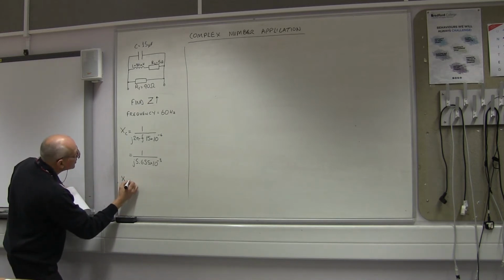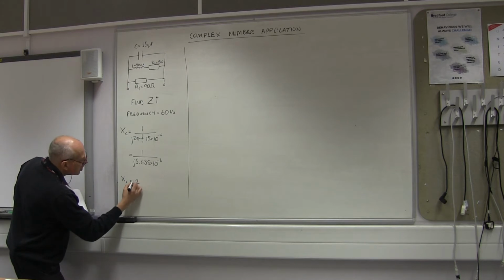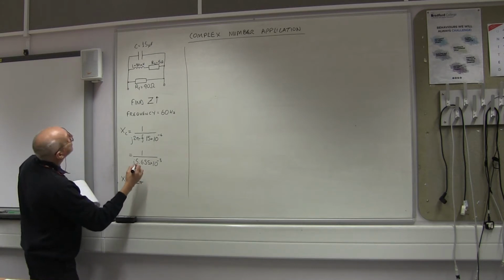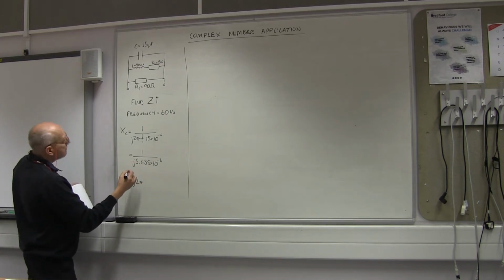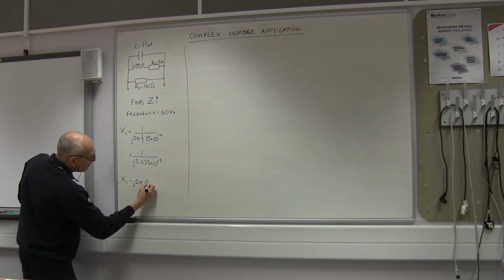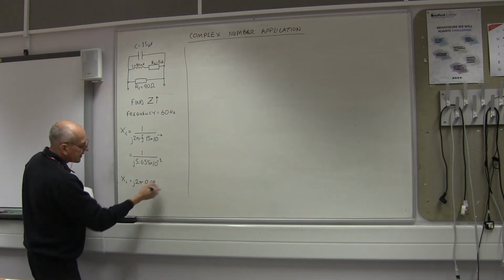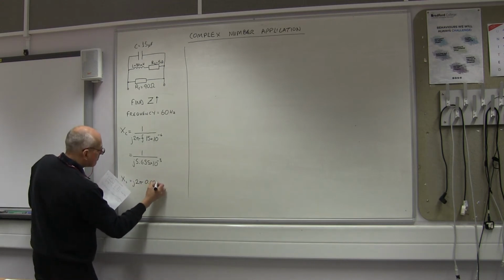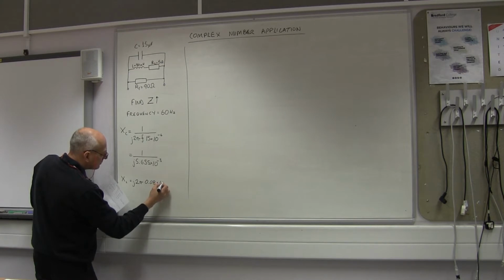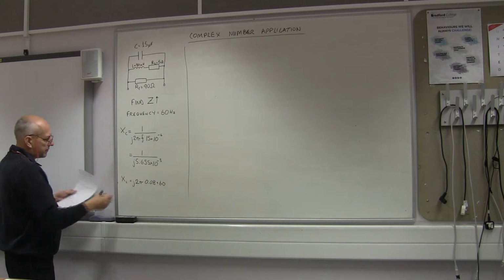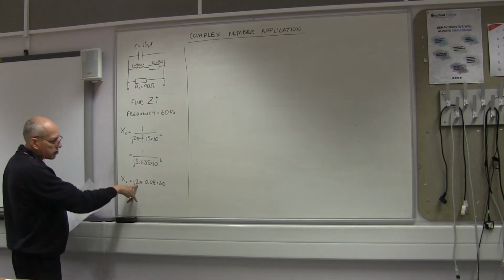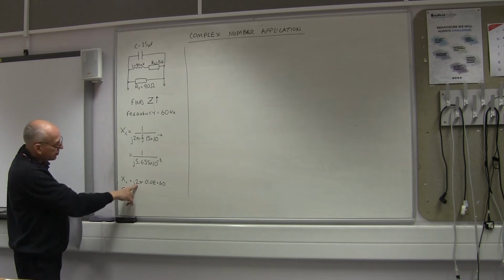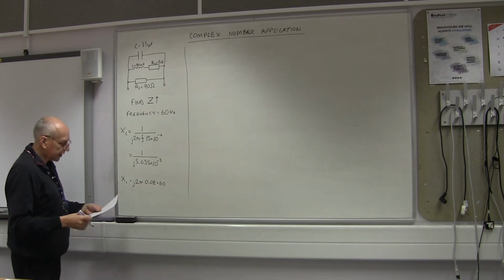So XL is simply J 2 pi L, where L is 80 millihenries, so I'm going to write this as 0.08, times 60 for the frequency. I could have just put 120 pi in, because 2 times 60 is 120.